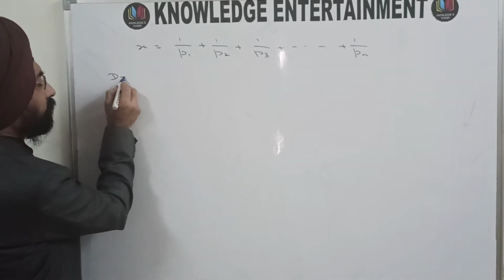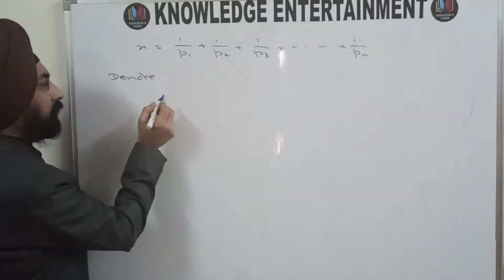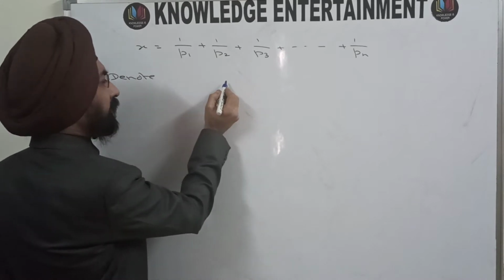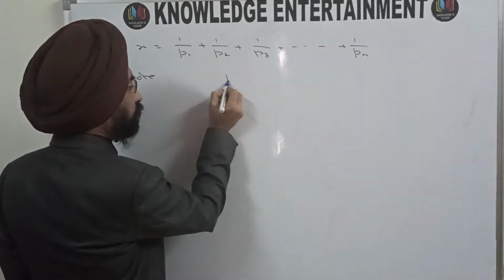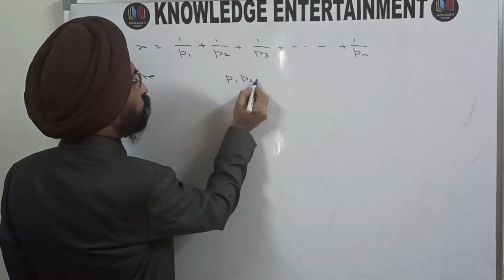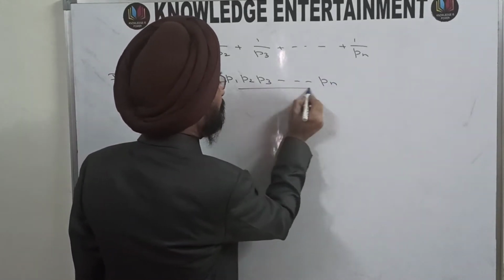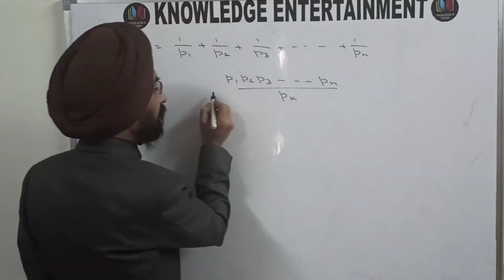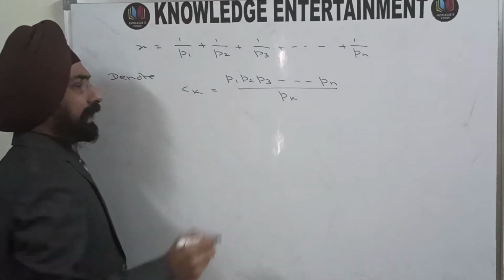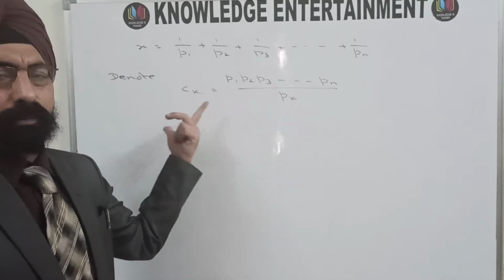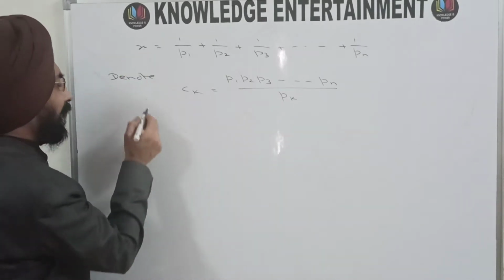Denote this quantity, you can say P1, P2, P3 and so on Pn divided by Pk by Ck. Denote this quantity by Ck. Then what is your x?